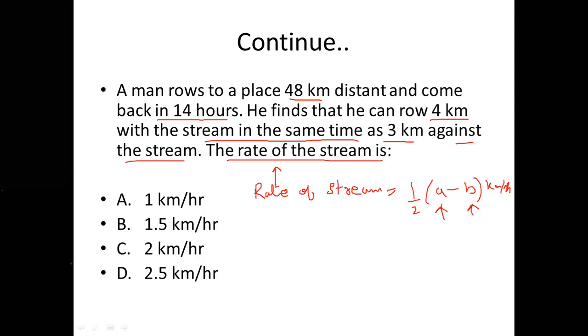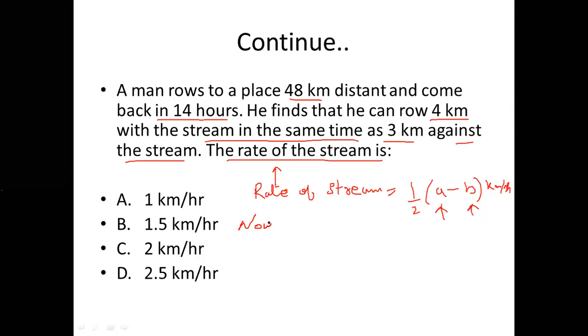So for that, now let us suppose. We have to find that he can row 4 kilometers with the stream in the same time as 3 kilometers against the stream, right? So let us consider this thing.